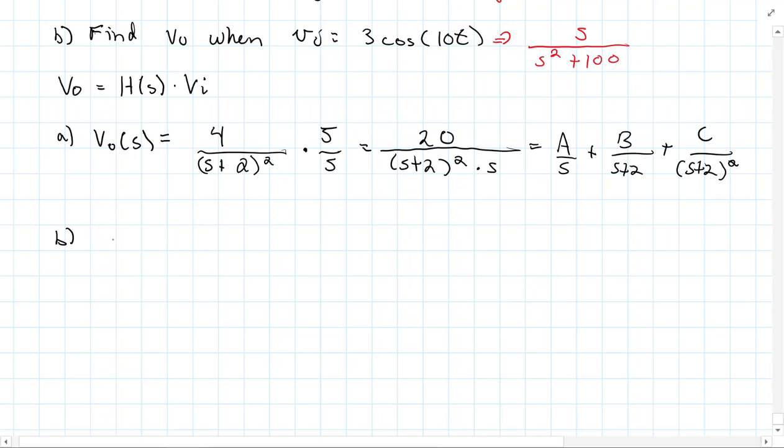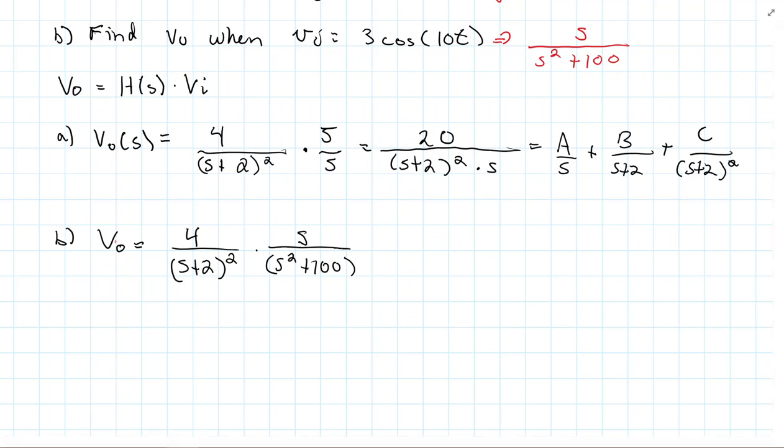So V out would simply be 4 over (s plus 2) quantity squared times 5 over s squared plus 100. I'm sorry, not 5. It would be s over s squared plus 100.